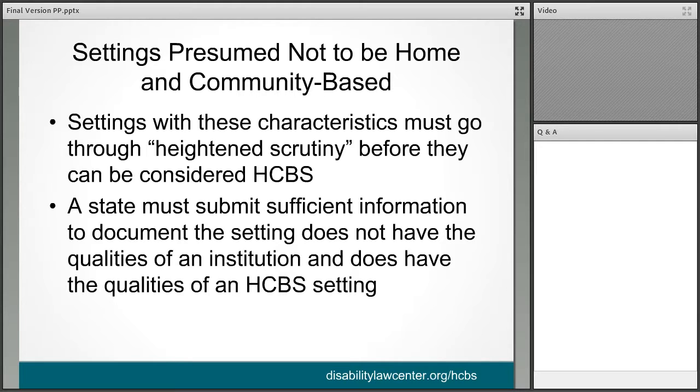People might have multiple services on site where medical providers are coming to them, or things like haircuts are happening on site, things that a person without a disability would go out into the community to access. And we are actually going to go into some more detail to give you some more concrete examples of what a setting that isolates might look like, but we just wanted to go over the different factors in this.